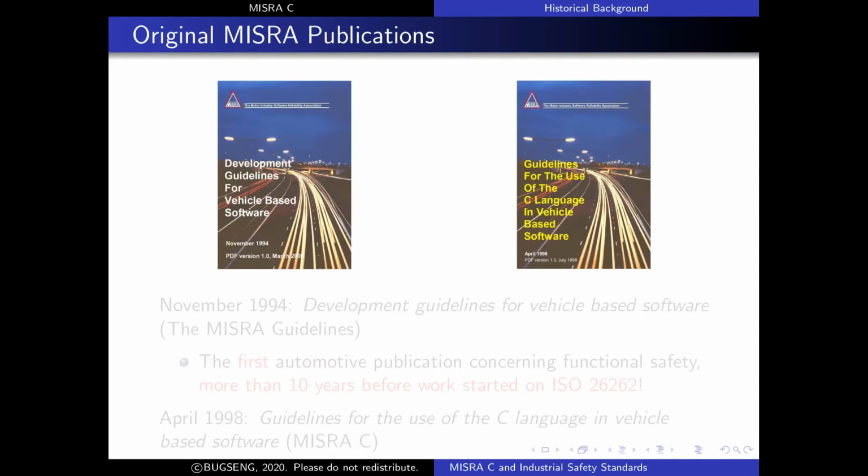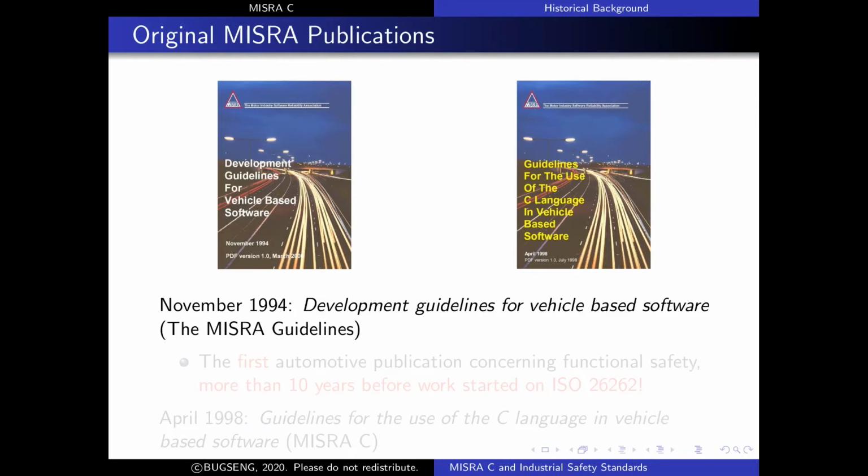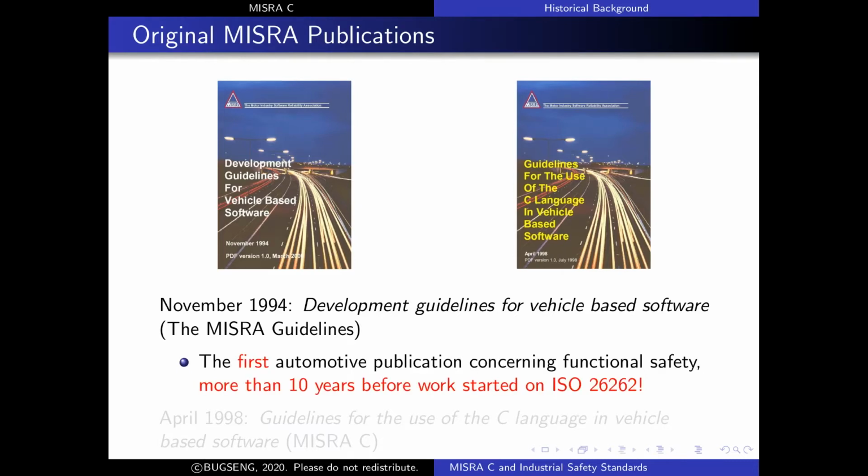So here are the 2 original MISRA publications. The first one is the MISRA guidelines, development guidelines for vehicle-based software. MISRA started in the automotive sector, even though the MISRA standards are now completely independent from automotive applications.